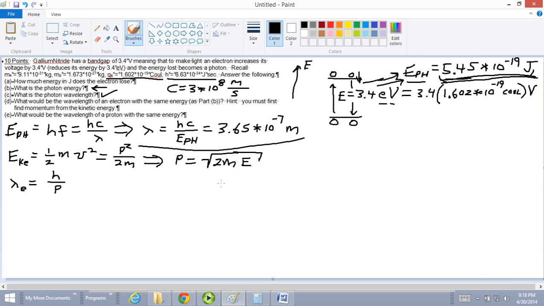So we're going to do this problem twice, actually. First, wavelength of an electron. Second, wavelength of a proton. And we have the mass of a proton up here. Here's the mass of a proton. Here's the mass of an electron. So we can rewrite the equation. H over square root of 2mE. Now it's just plug and chug.